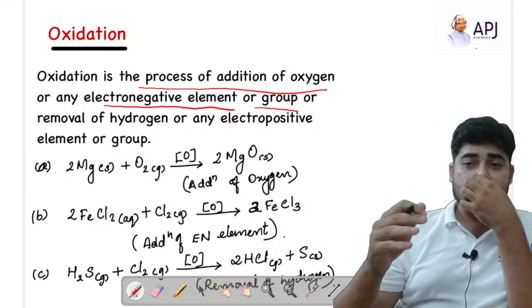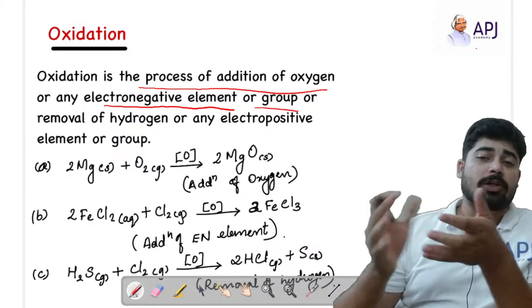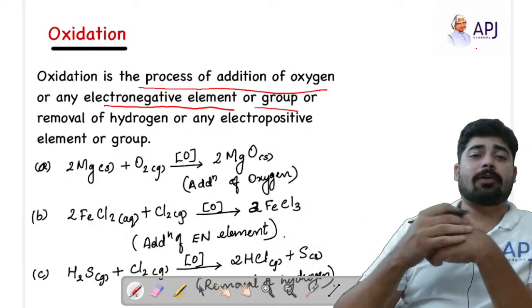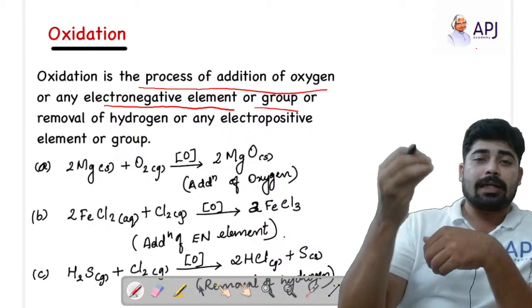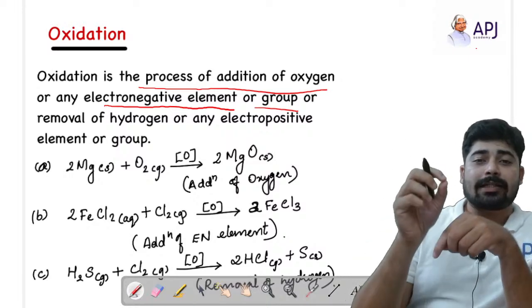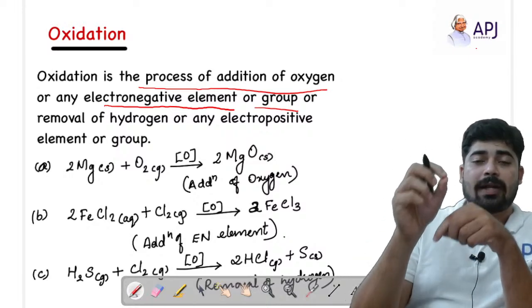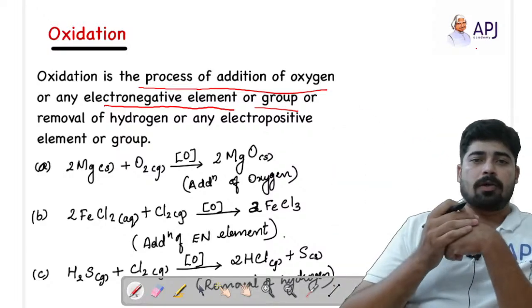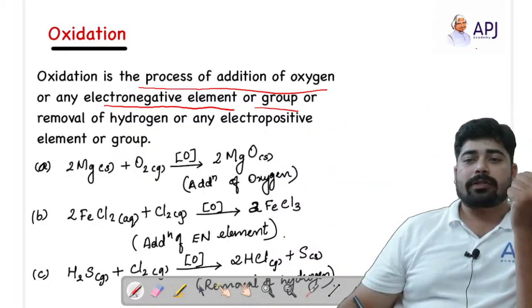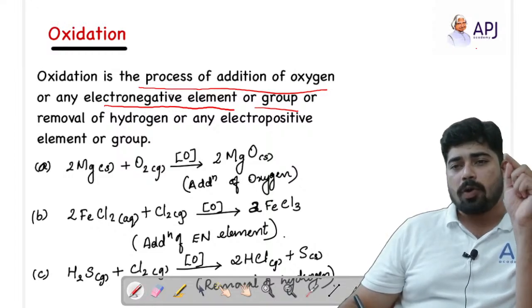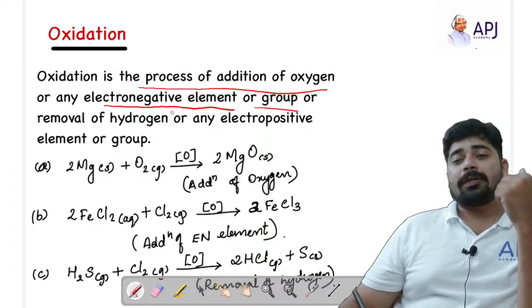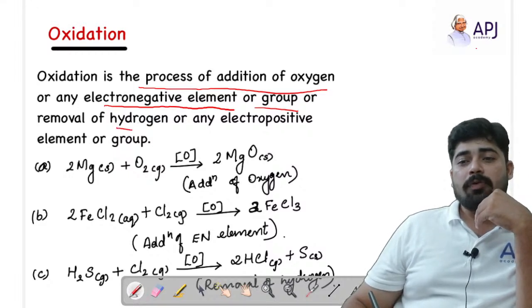That means oxidation is not only addition of oxygen and not only addition of any electronegative element, but we can also define it in this way: a process where the oxidation number of an atom increases. If in a process the oxidation number of an atom increases, then that process is called oxidation. Another definition for oxidation is removal of hydrogen.